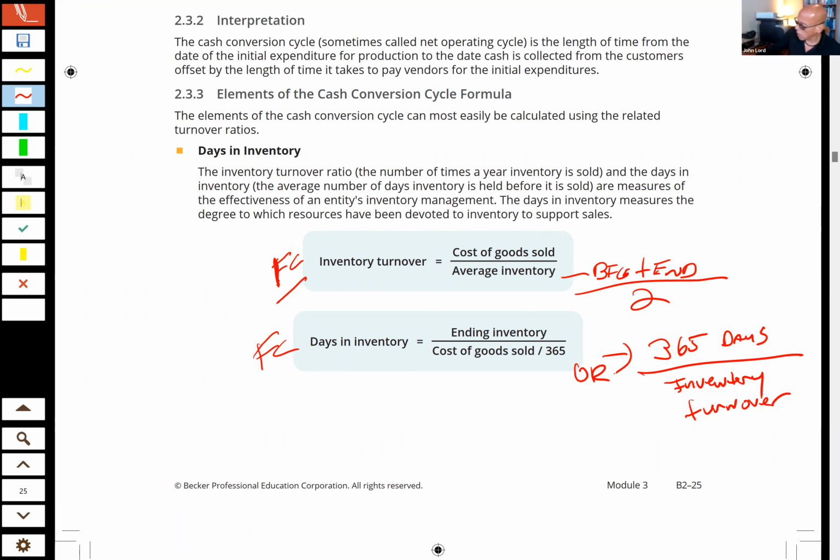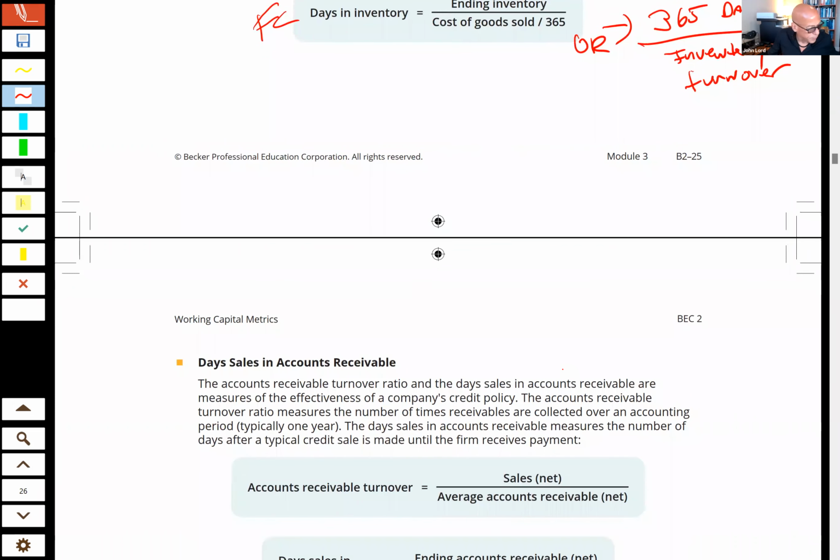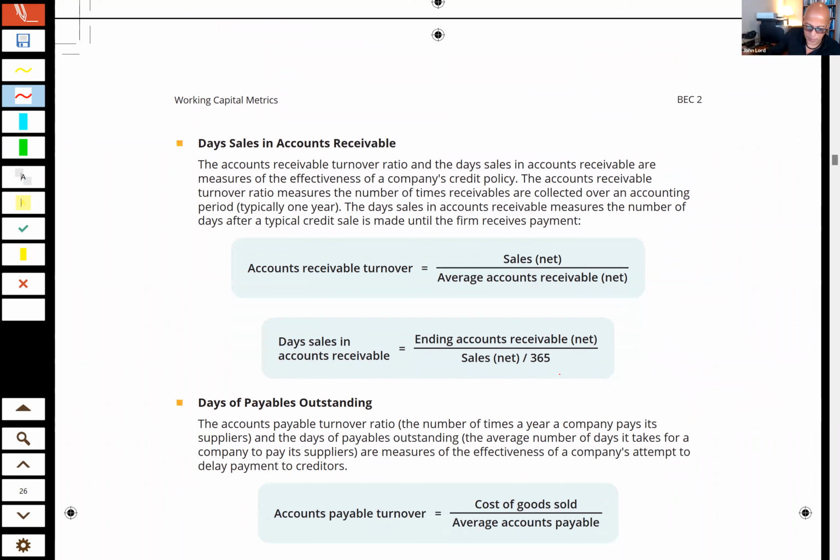Okay, good. Now you come over and you take a look at days in accounts receivable. Now you can flashcard that or find it in your flashcards, even look at the financial cards for chapter 7 over there. But sales net, we know that sales net, to get our accounts receivable turnover, is the sales minus discounts and minus returns.